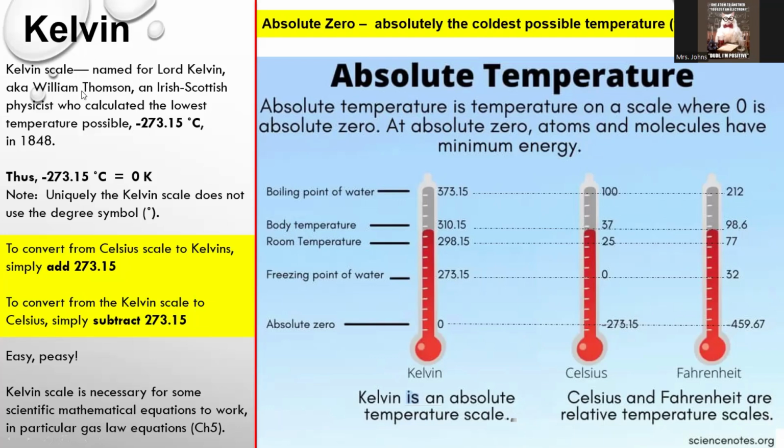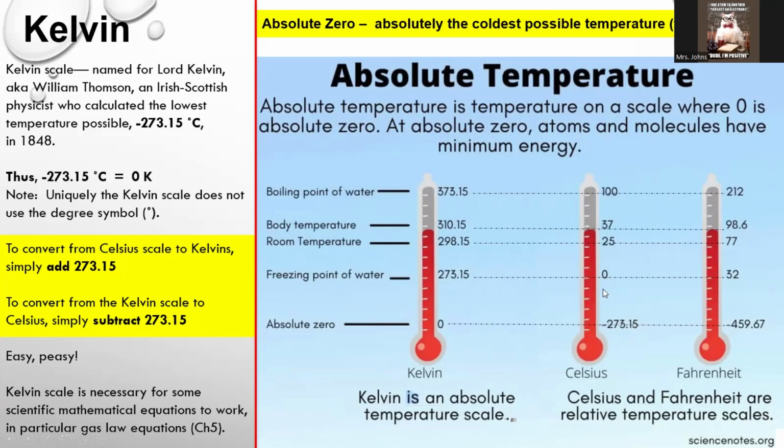So over here, if we look at our Celsius thermometer, here's 0 degrees, which is where water freezes. If we want to convert that to Kelvin, then we add 273.15. So 0 degrees Celsius is 273.15 kelvins.